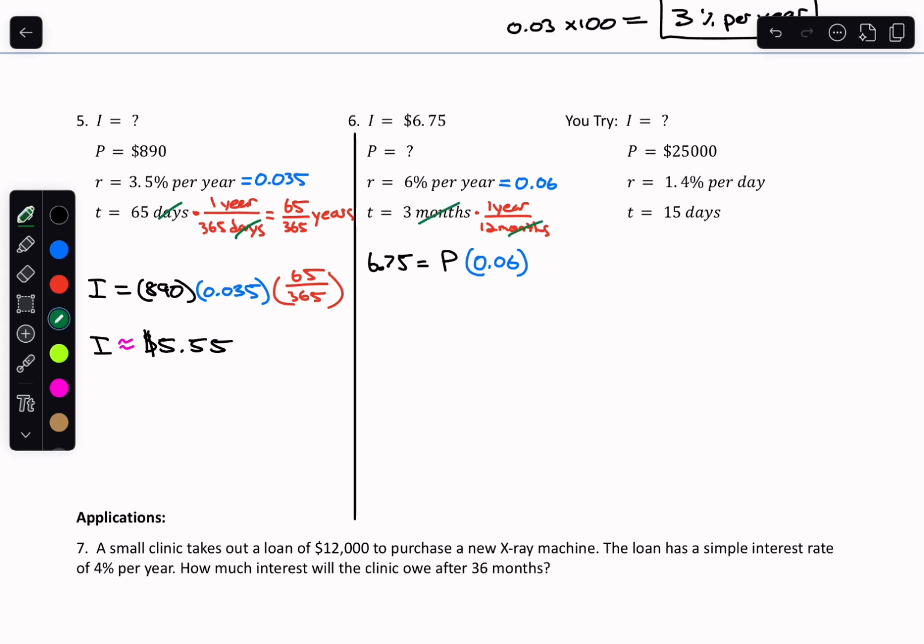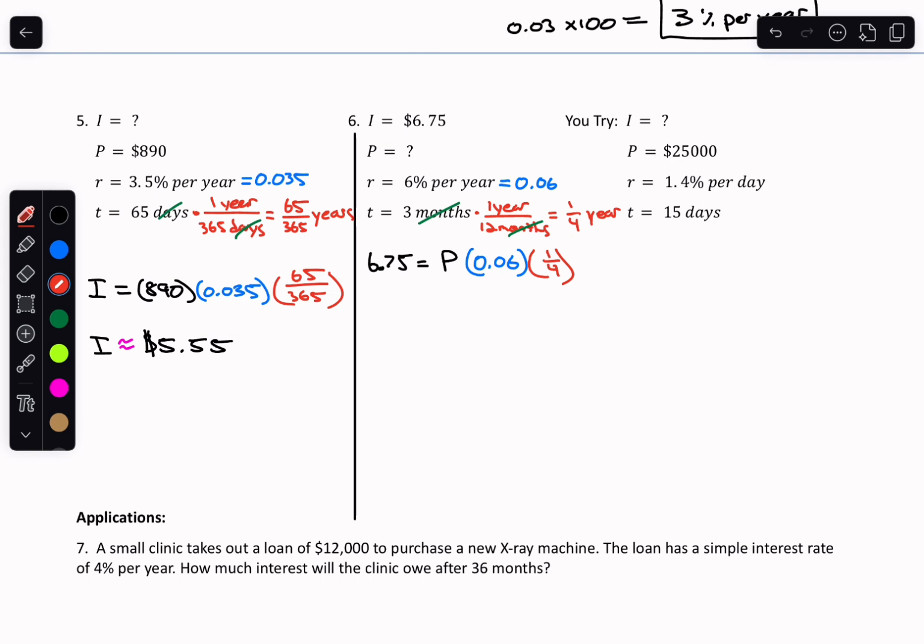That means the months units will cancel. And we're left with 3 over 12, which is 1/4 of a year. So for my time variable, I'm going to plug in 1 over 4. You could of course use a decimal, but I'm going to leave it as 1/4 in this case. So just make sure that we're converting so that our rate and our time have the same units.